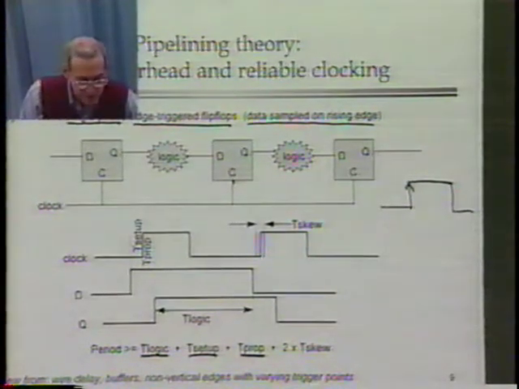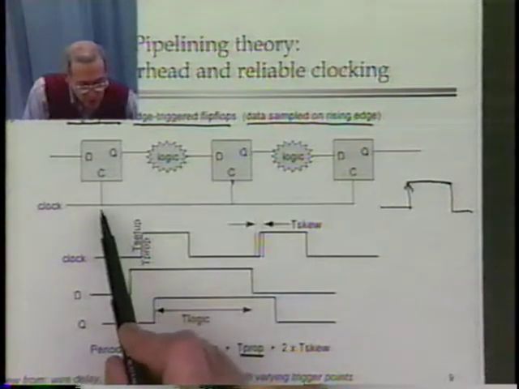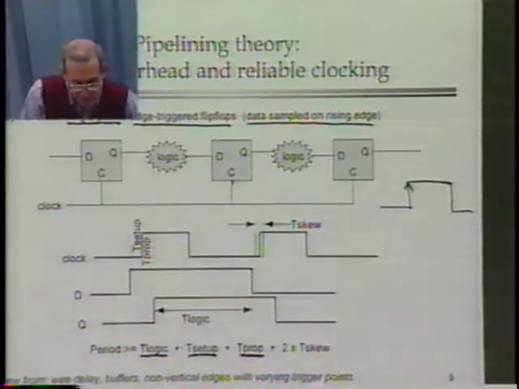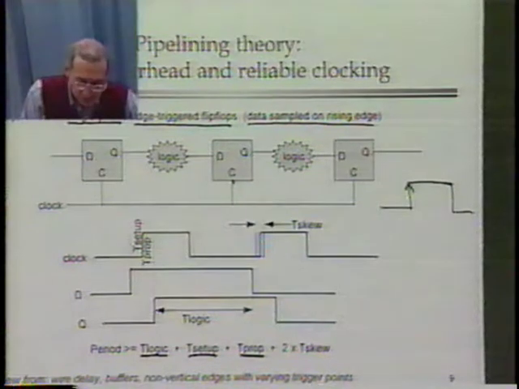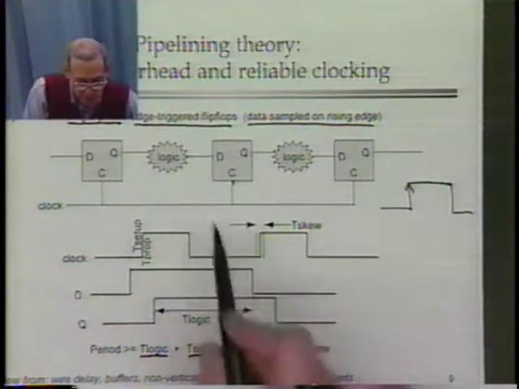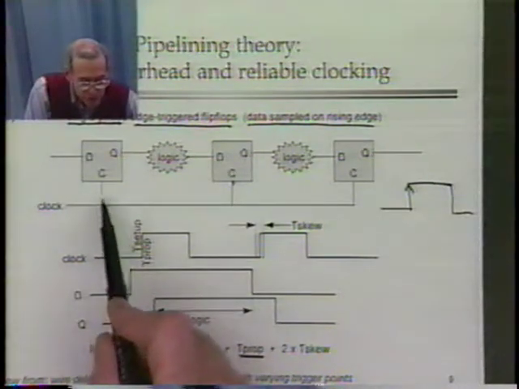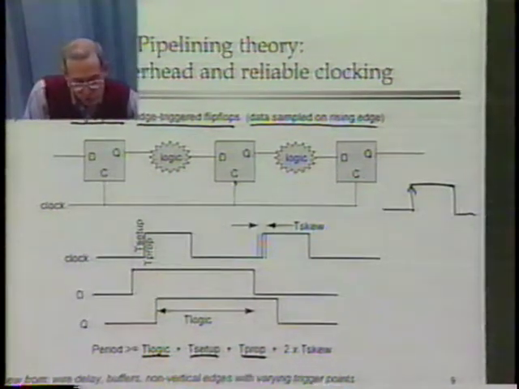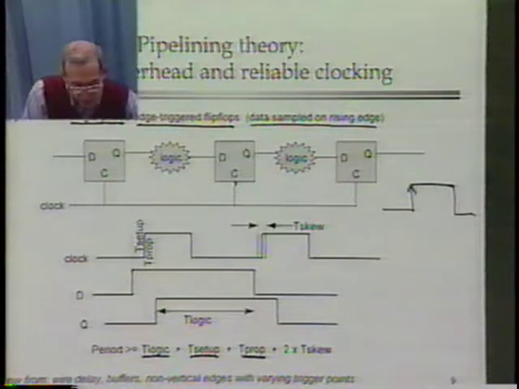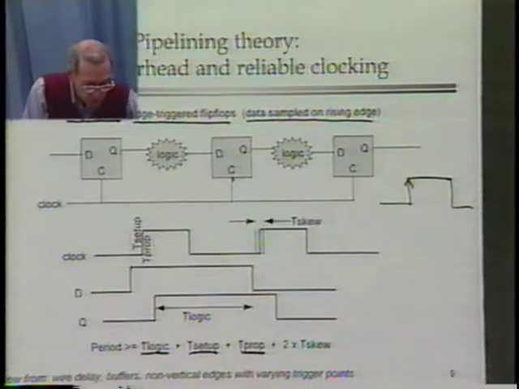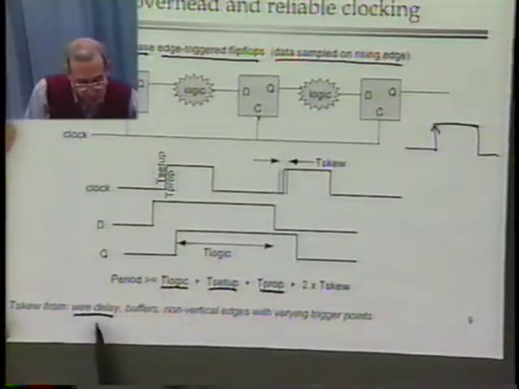Now there's another complication. One of the assumptions I made was that the clock gets to all flip-flops at exactly the same time. Well, 'tain't so. The clock in one flip-flop may vary plus or minus a certain amount around the time when it should arrive, depending on a number of factors. One is wire delay.